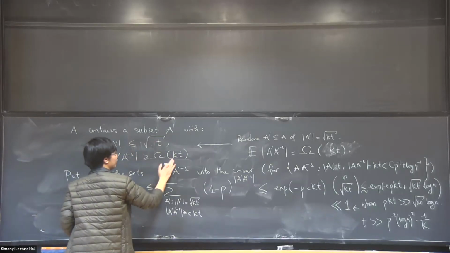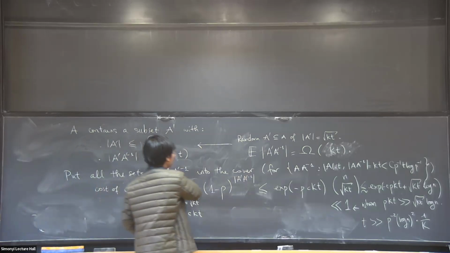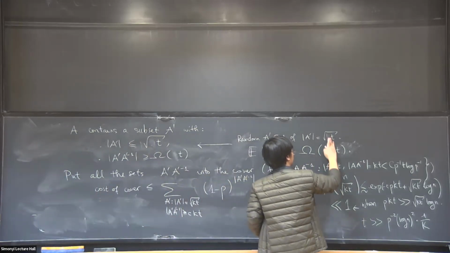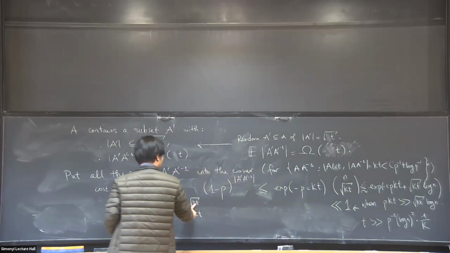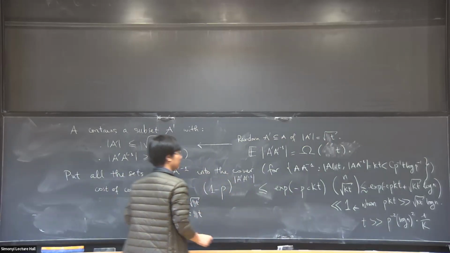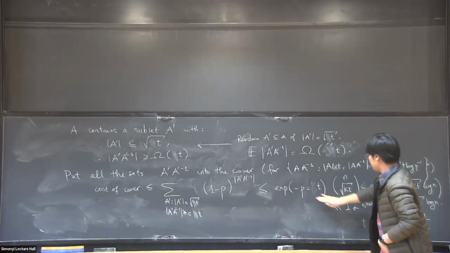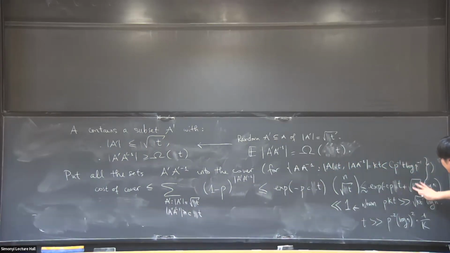So as long as you can find a subset A prime of phi square root T with this property on the doubling, then everything still goes through perfectly here. You lose this factor, but you never gain from it anyway. And this is actually much easier to prove. You don't have to pass through this dyadic partition. Now this is some kind of direct calculation that we can check, but maybe I don't check it right now. Okay, that's fine? Yeah.